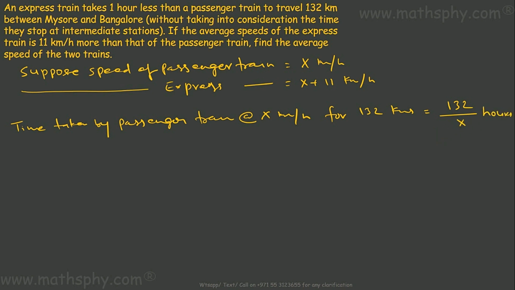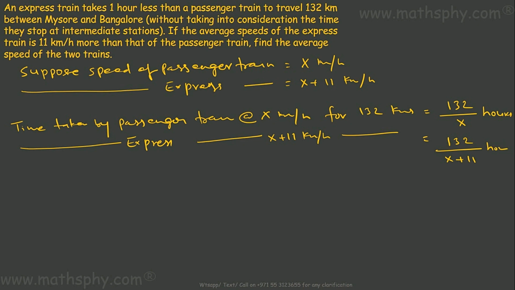So time taken by passenger train would be 132 over x hours. Now time taken by express train at x plus 11 kilometer per hour for 132 kilometers would be distance over speed, 132 over x plus 11 hours. Okay, this time it takes for express train, this time it takes for passenger train.